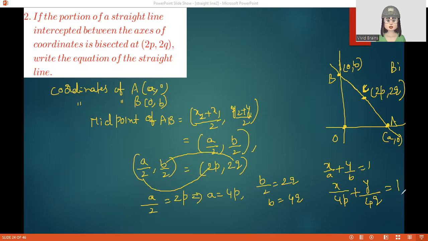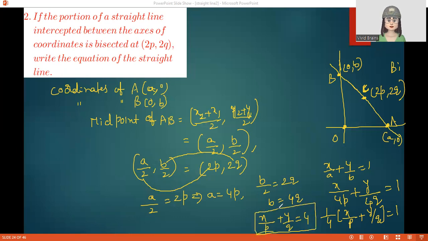Now we can simplify this, because here 1 by 4 is common. So I am taking 1 by 4 as common, x by p plus y by q is equal to 4. This is our required equation of a straight line.